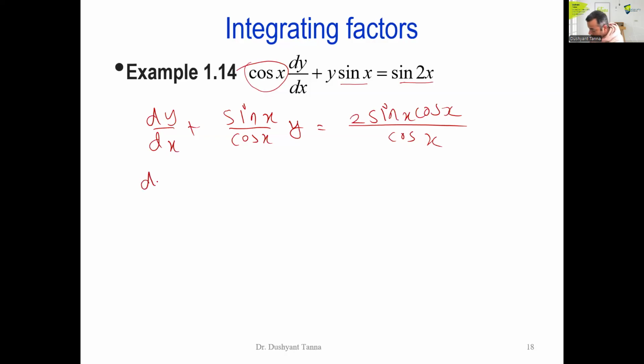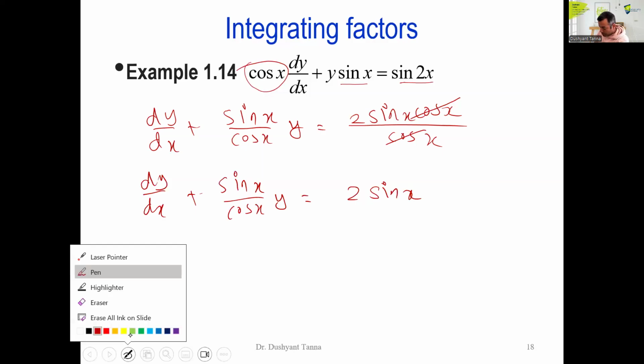Okay, so you can leave it as it is, or some smart fellow will tell you that it is tan x. It's fine. You're going to integrate that. That's what you need. If you prefer to leave it as it is, that's fine as well. The cos x will be gone, and it becomes 2 sin x. After this step only, you will be able to fetch the correct P and Q.